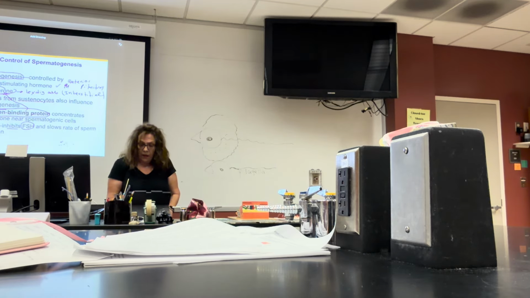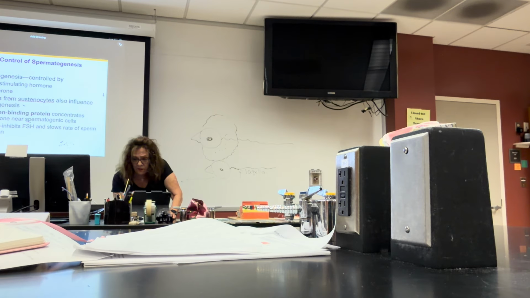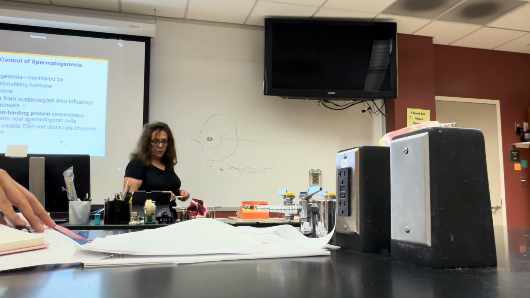Okay, here are the hormones that are important for you to know. Not probably, but some of them for the lab practical, because remember, Leydig cells produce testosterone and they are in the seminiferous group. So spermatogenesis is controlled by follicle stimulating hormone.